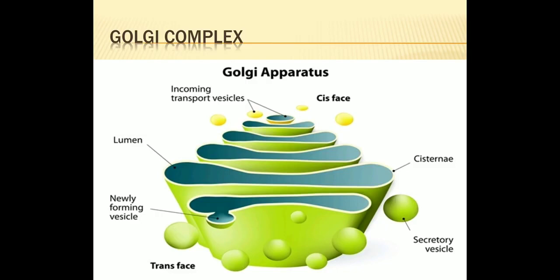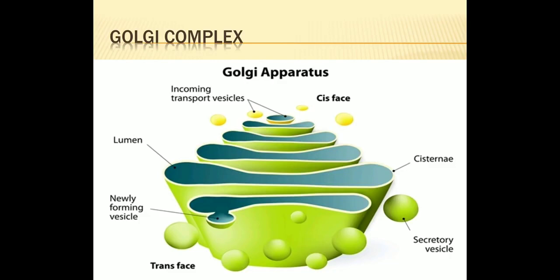The cisternae in the Golgi body are not physically connected to each other. Like in the endoplasmic reticulum, we saw that they are all connected to each other, but in the Golgi body, they are not physically connected. According to recent studies, it is proposed that cisternae of the Golgi body themselves mature, moving from cis to trans phase.